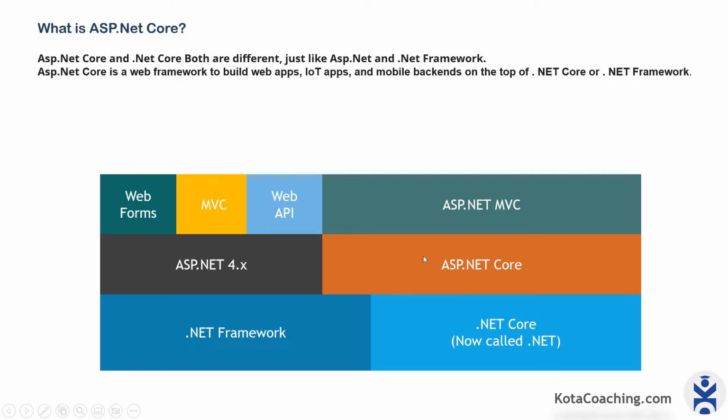Here you see in the diagram, on top of .NET Core and .NET Framework, we can use ASP.NET Core, and in the new version of .NET, we can use MVC on top of ASP.NET Core. In the traditional framework, you can see ASP.NET 4.x having the components Web Forms, MVC, web APIs. I hope your concept is clear for .NET.